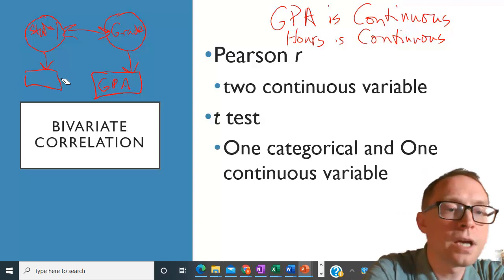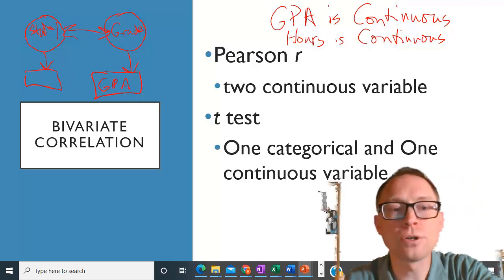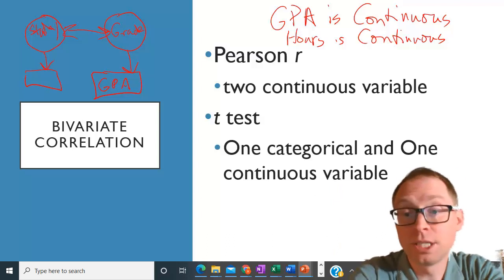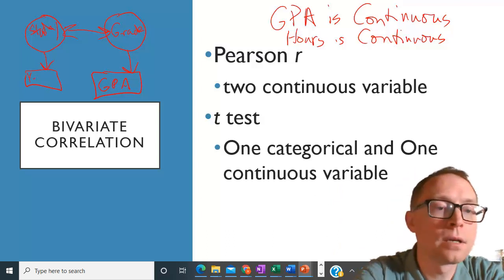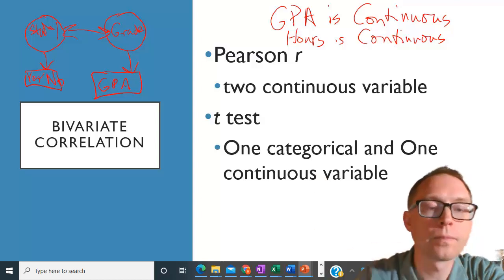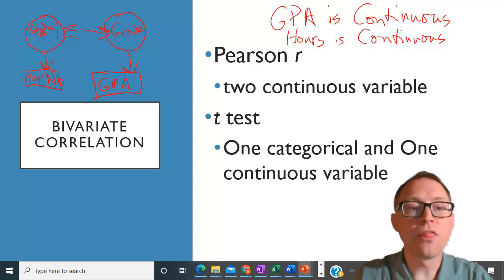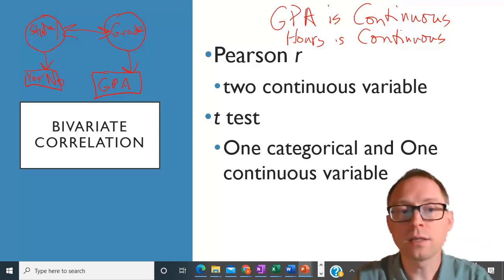Instead of studying being measured with hours, we can just ask, did you study? Yes or no. That changes the data from continuous to categorical.